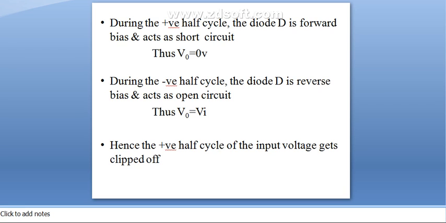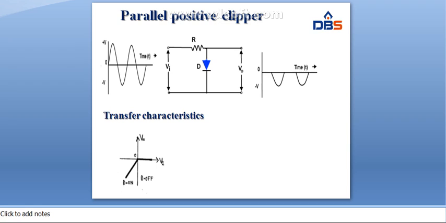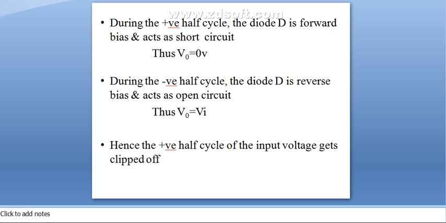During the negative half cycle, the diode D is reverse biased and acts as an open circuit. If the diode is in reverse biased condition, then the voltage passes to the output side.